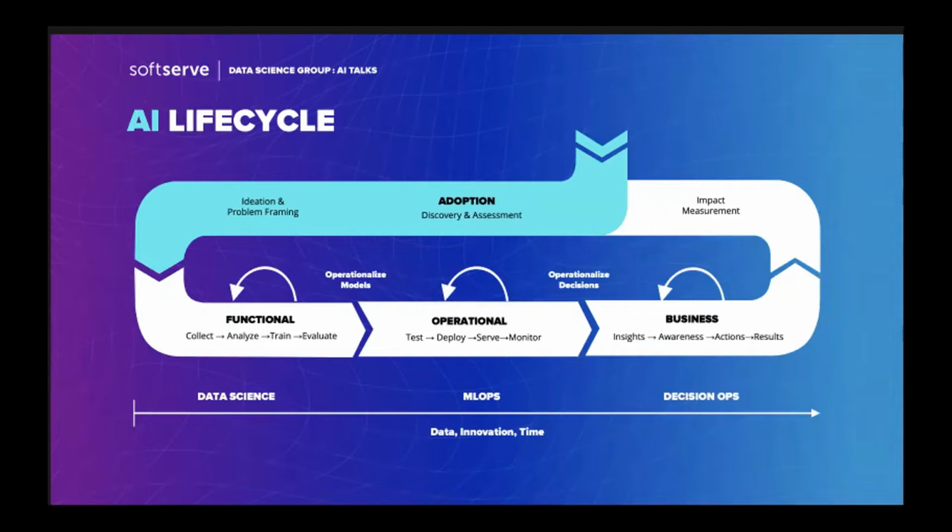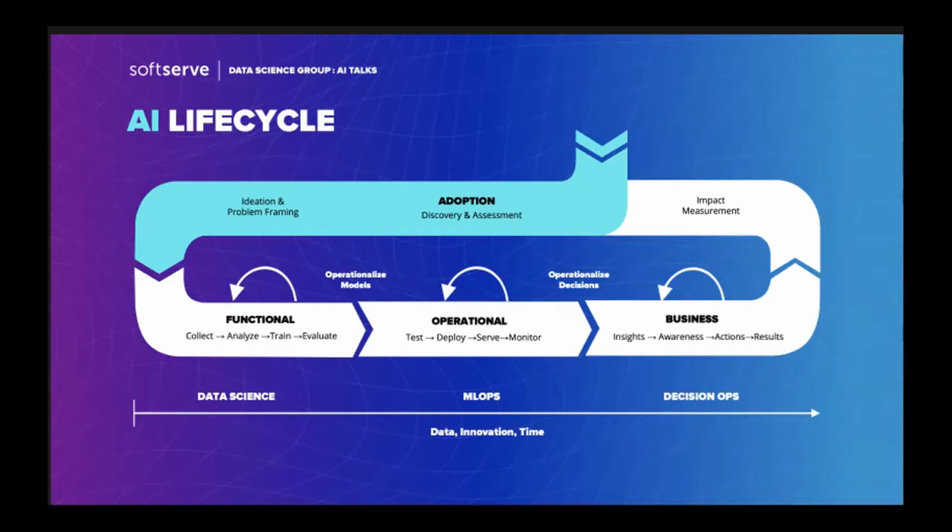On the first step, we need to identify an opportunity to tangibly improve operations, increase customer satisfaction, and otherwise create value, formulate our problem, and understand on a high level how we can solve it.